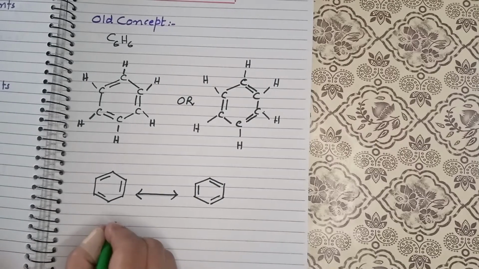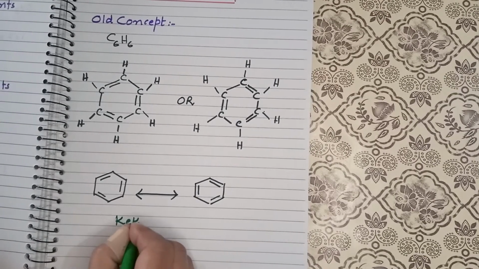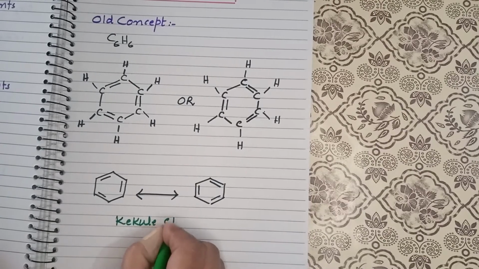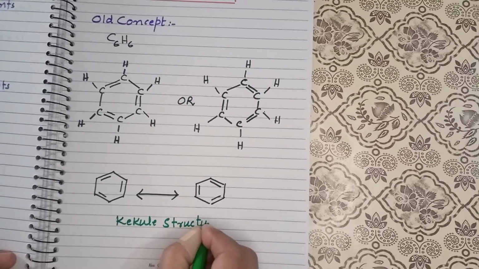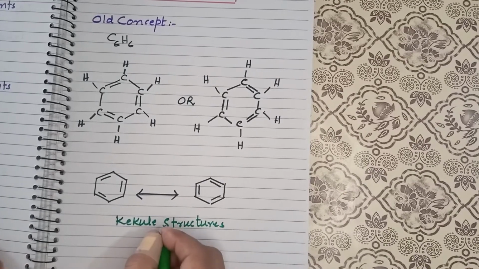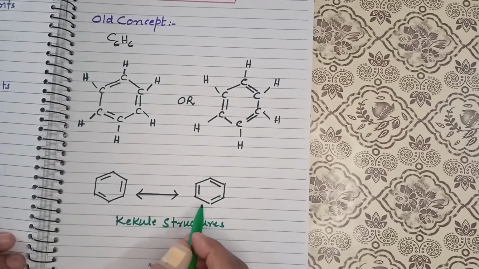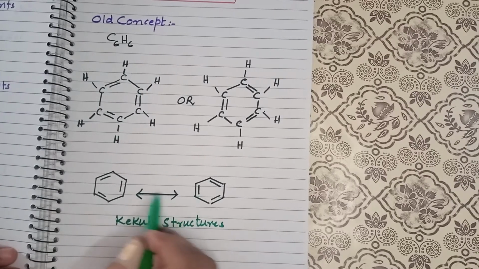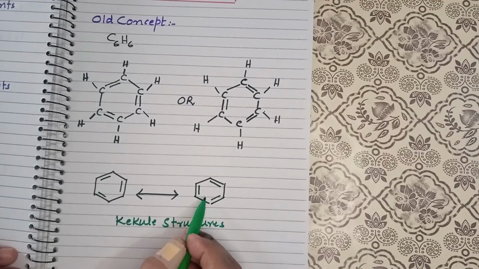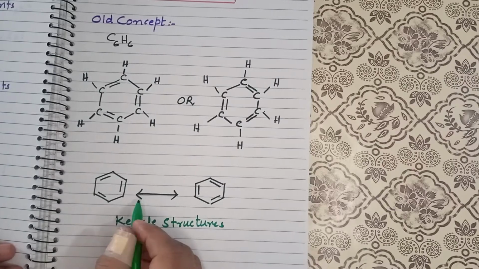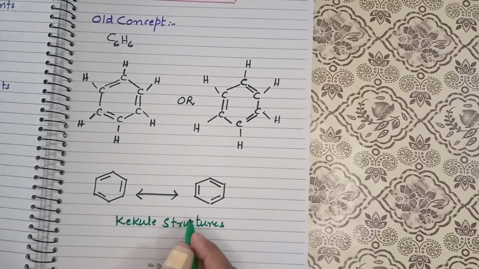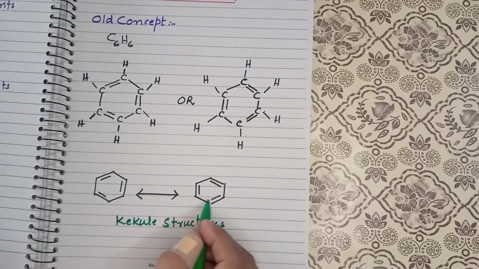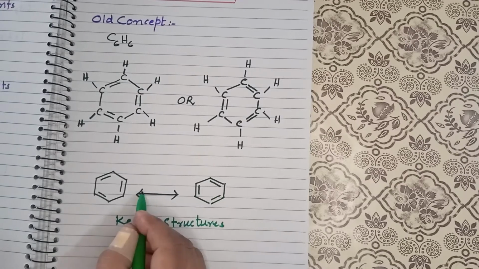These two are equally valid resonance contributors. These two forms can be combined in the resonance hybrid, and the conjugated system is represented with a circle inside the benzene ring.